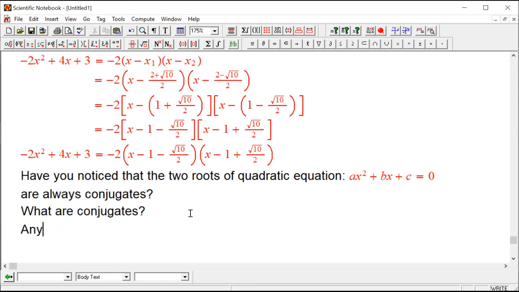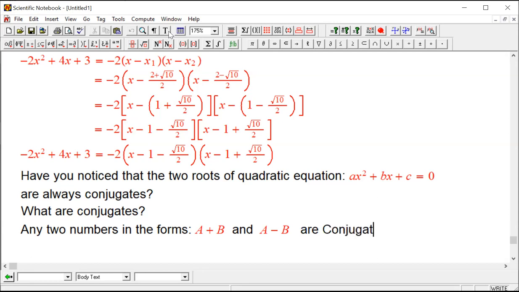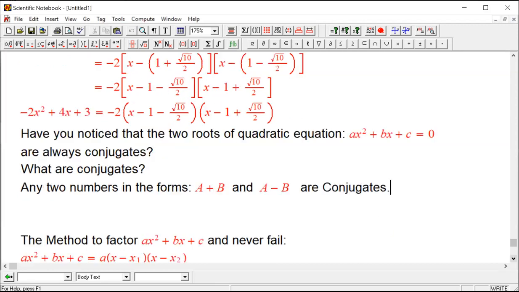Any 2 numbers in the forms of a plus b and a minus b are conjugates. All right, you saw conjugates, right? But what are conjugates, right?